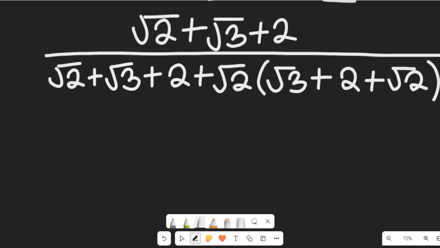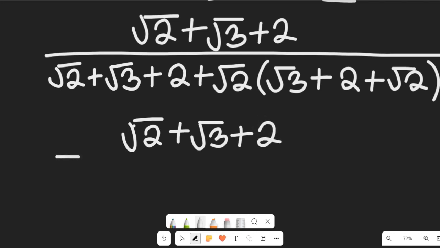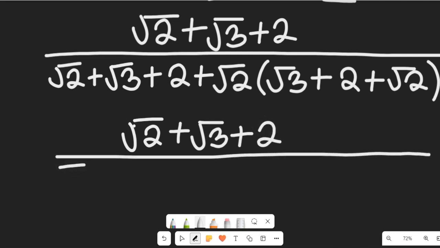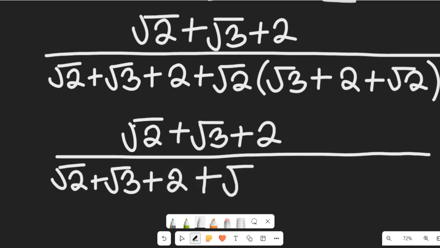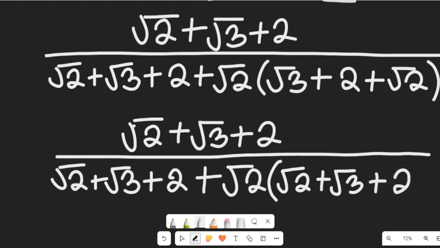So what I'm going to do is arrange the denominator properly. So we'll have root 2 plus root 3 plus 2, and this will be divided by root 2 plus root 3 plus 2, and this will be plus the square root of 2 multiplied by, if I rearrange this, root 2 plus root 3 plus 2.